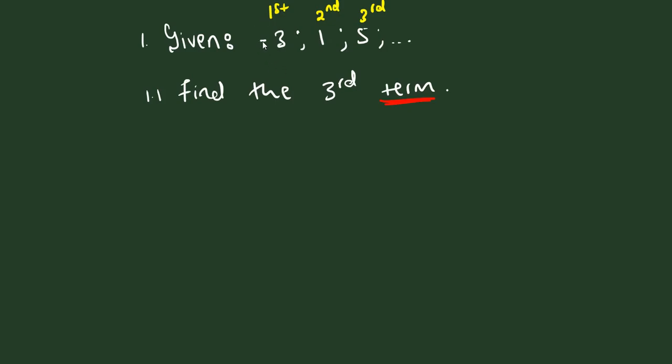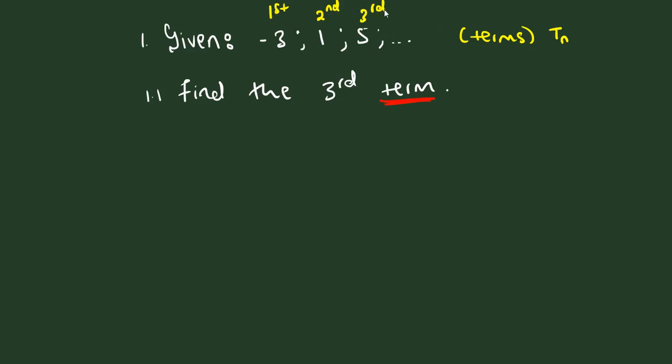Now what does it mean? It means this is the first term, this is the second term, this is the third term. All of the numbers that are in the sequence are called terms, and the symbol that we use to represent that is Tn. So when I'm talking about Tn, I'm talking about the term.